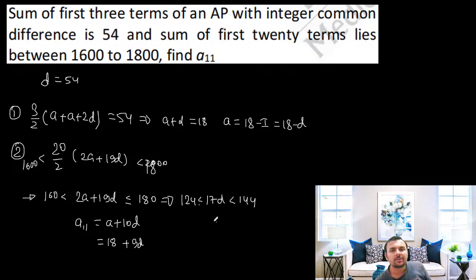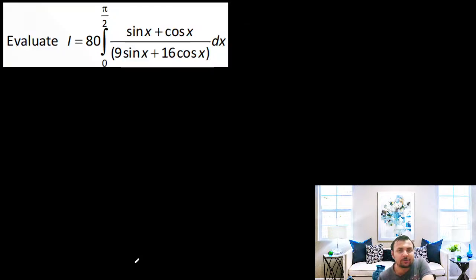So d lies between 124 by 17 and 144 by 17. This is 7 point something, this is 8 point something. So between 7 point something and 8 point something lies 8. So it is nothing but 18 plus 72, which is 90. Okay, that was a JEE Mains previous year question.